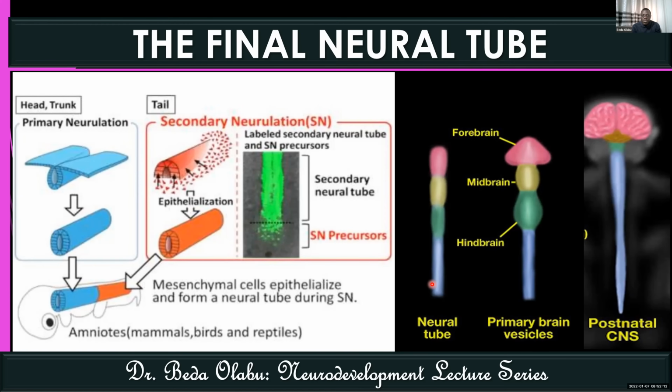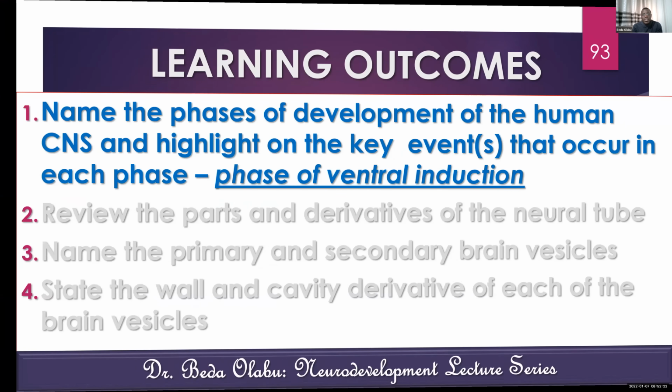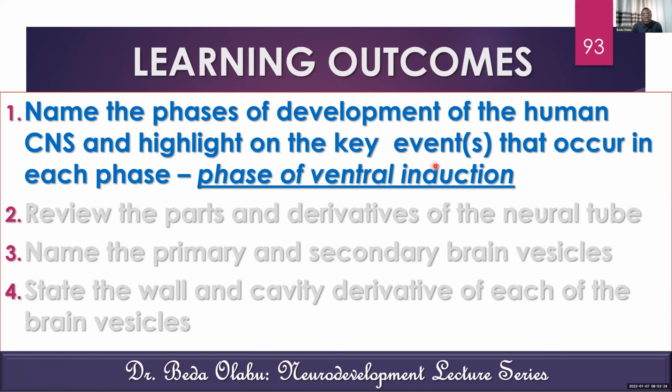Subsequently, we'll just be talking about the neurotube, but that neurotube, you remember, is actually the primary neurotube. All right. So that is the dorsal induction. And we've seen also the parts and derivatives of the neurotube.